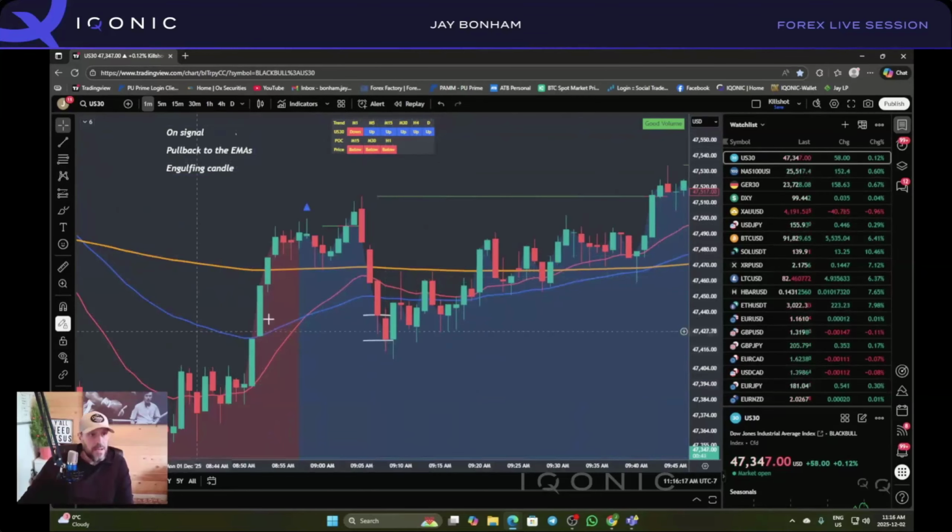The secondary entries are going to be off this signal, and we want to find our opportunity to join on this signal. So we want to make sure that we get an engulfing candle on this signal. That means that it had its pullback, and then we're engulfing the other direction.